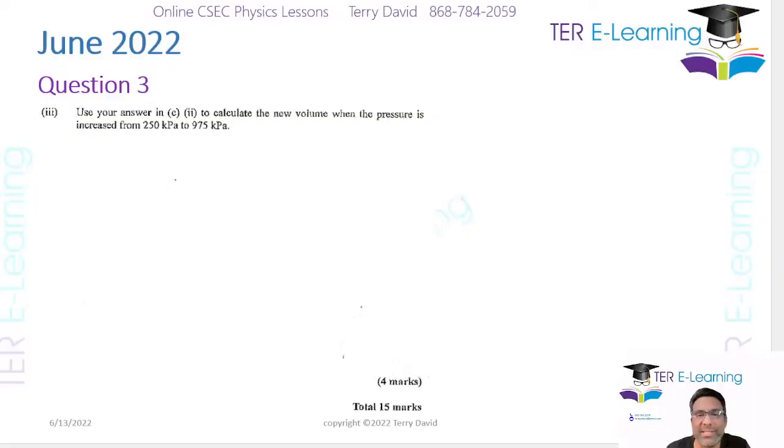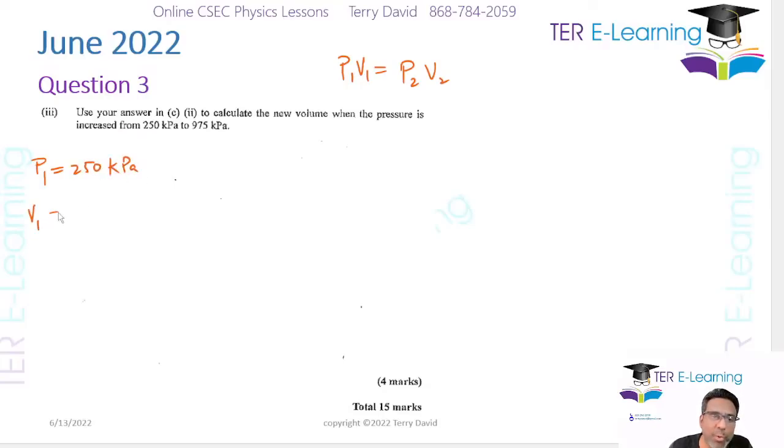Use your answer to C to calculate the new volume when the pressure is increased to 975. Now, this here we already established that it's Boyle's law. So therefore the formula that we're going to use is P1 V1 equal P2 V2, right? They said use your answer. So our initial pressure P1 is 250 kilopascal, right?